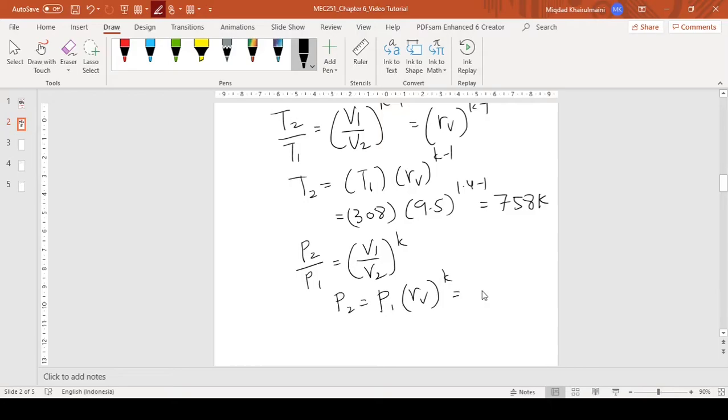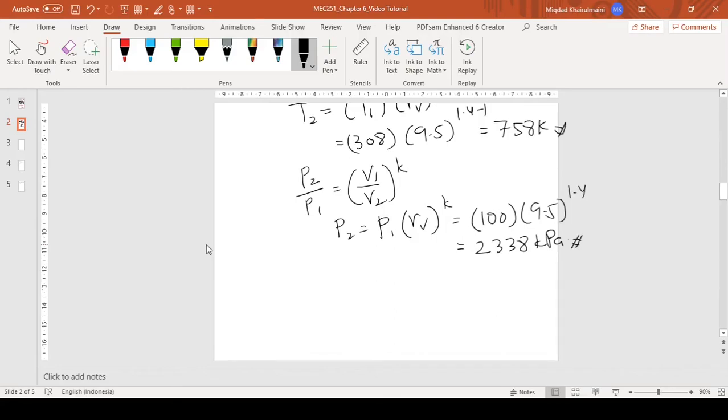So P2 equals P1 times rv to the power of k. P1 was 100 kilopascal, rv was 9.5, k is 1.4. So we can see here that P2 is 2338 kilopascal. So that is for state 2.